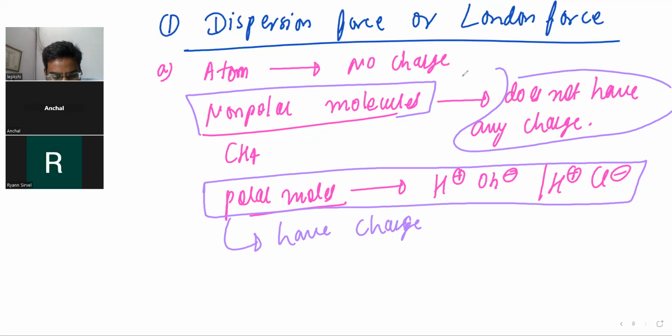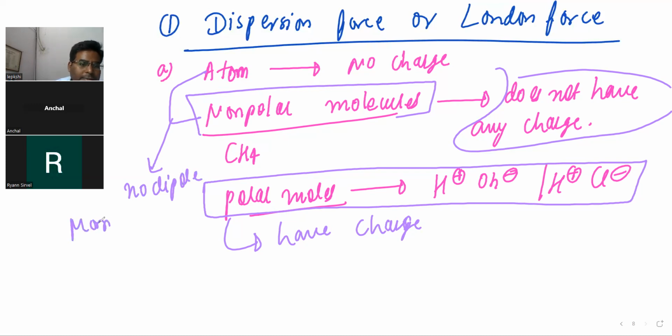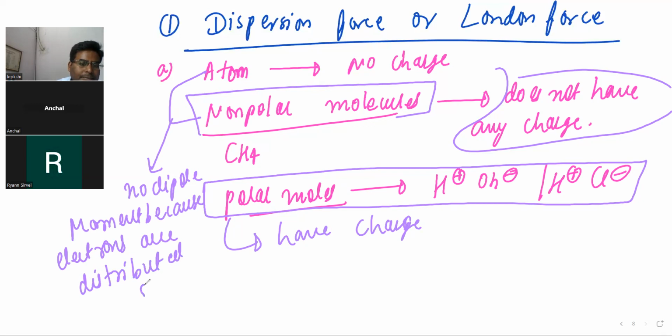And they have no dipole because their electronic charge cloud is symmetrically distributed. Atoms and non-polar molecules have no dipole moment because electrons are distributed symmetrically. Understood?